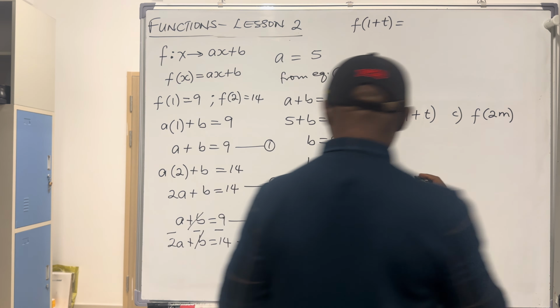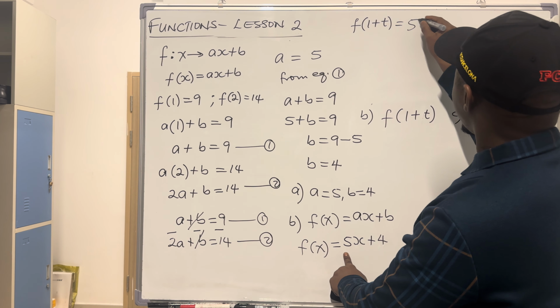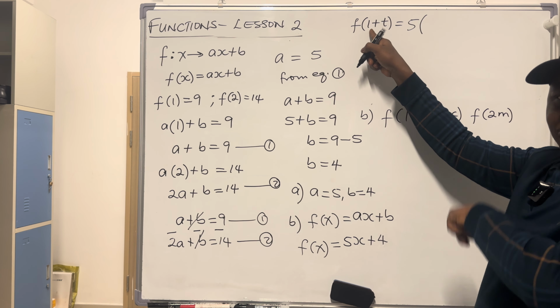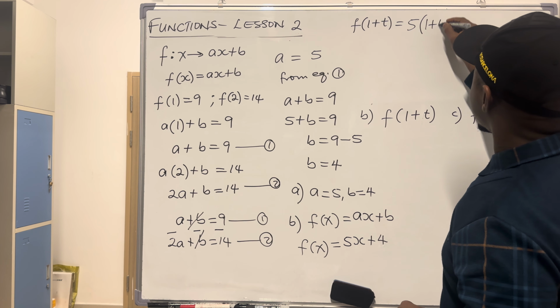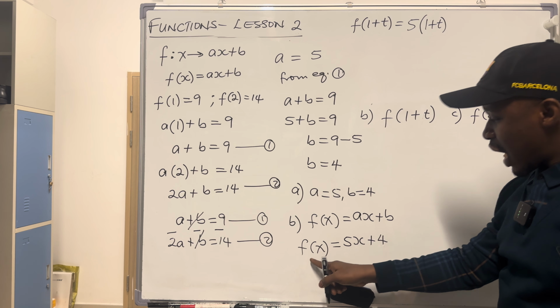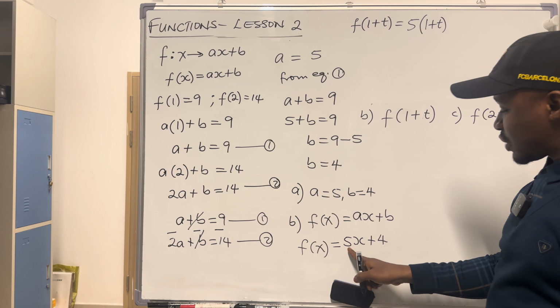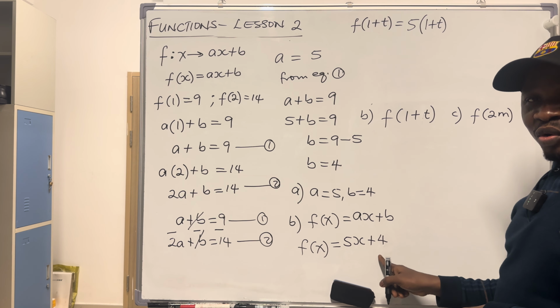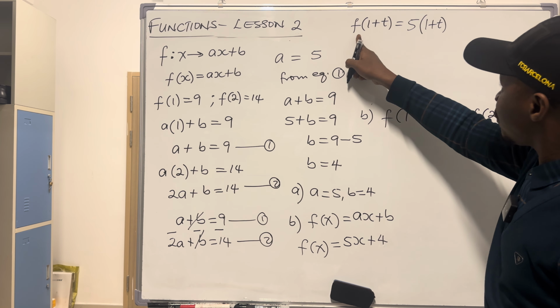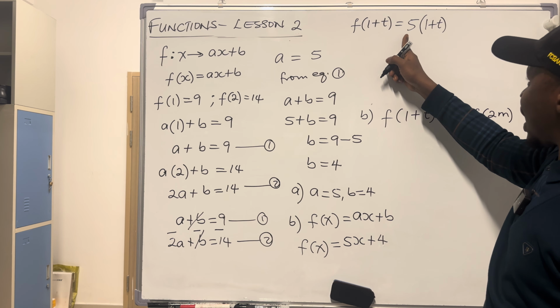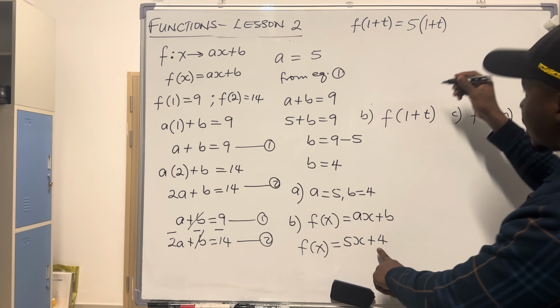So now we say 5, but f of 1 plus t. Remember what I said? F of whatsoever is 5 whatsoever plus 4. So f of 1 plus t is 5 times 1 plus t, plus 4.